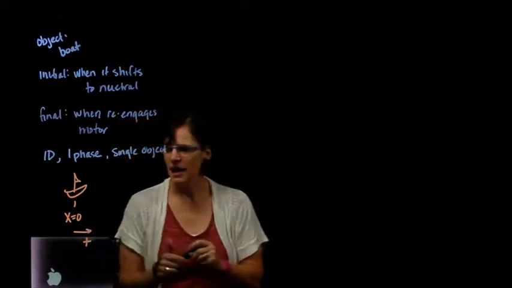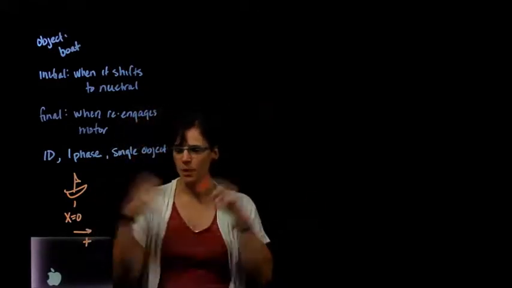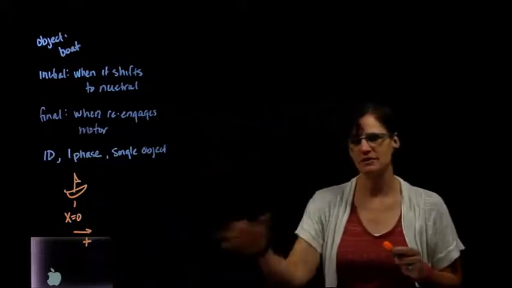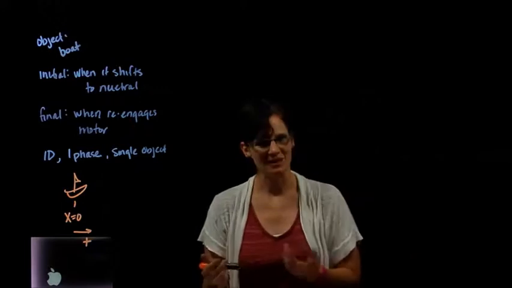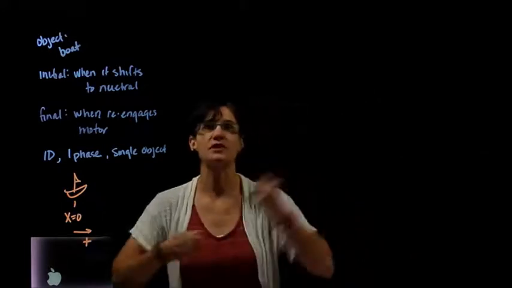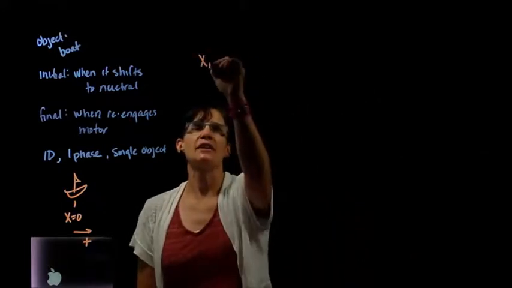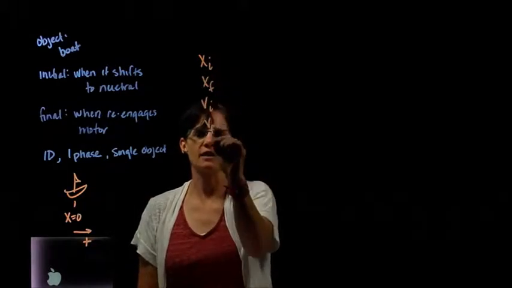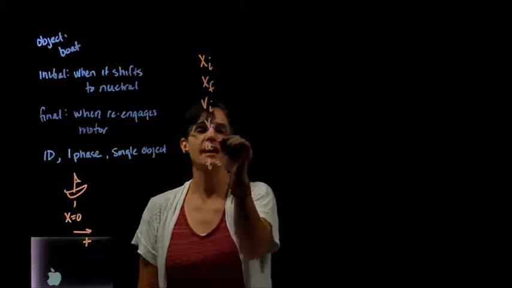All right, now it says that the boat has all these properties that we're going to look at. So after we set our coordinate system, define the world, we need to list our knowns, and those are our players. So we are going to have initial and final positions, initial and final velocities, the acceleration, and the time.